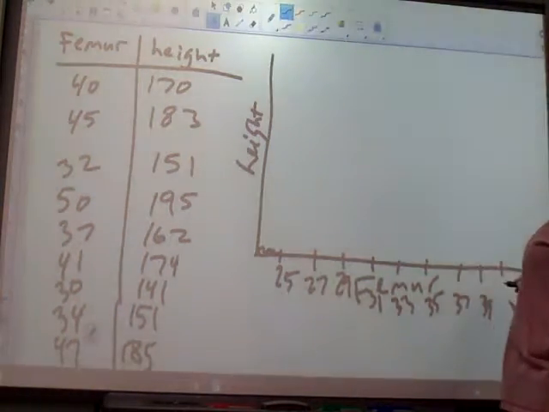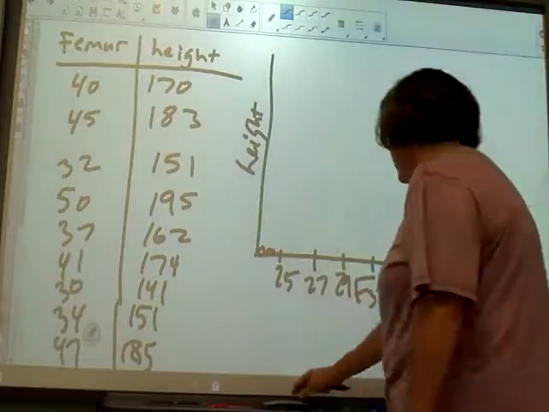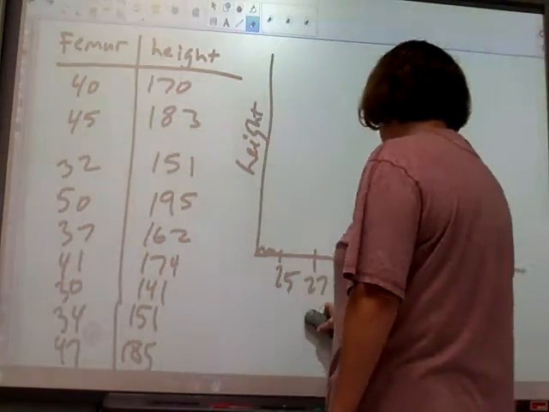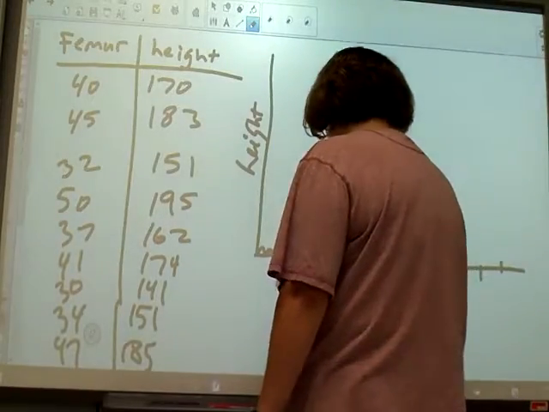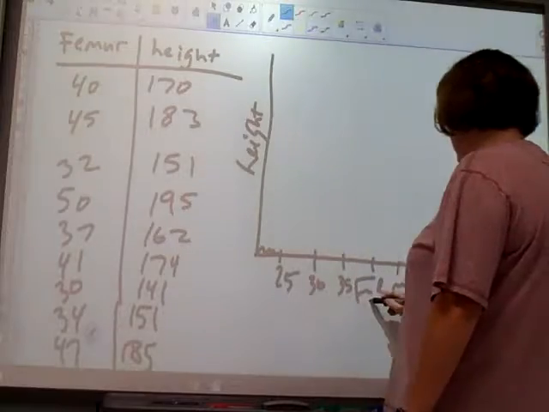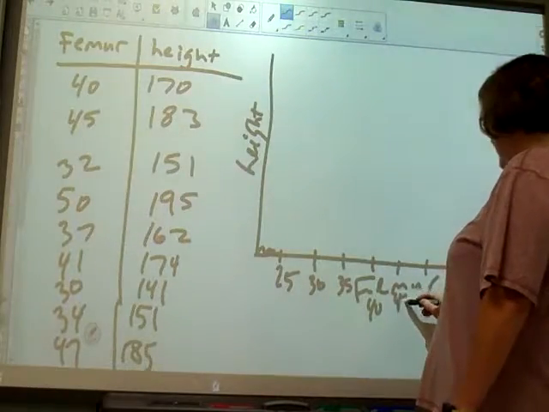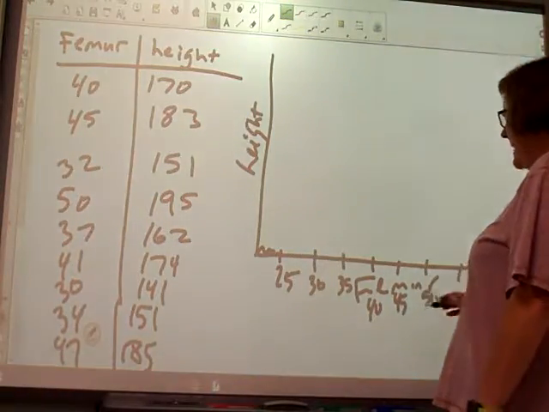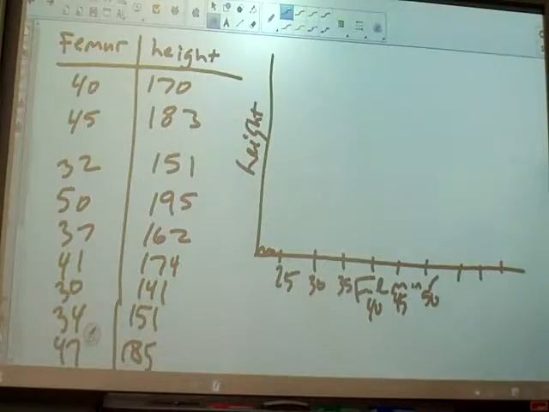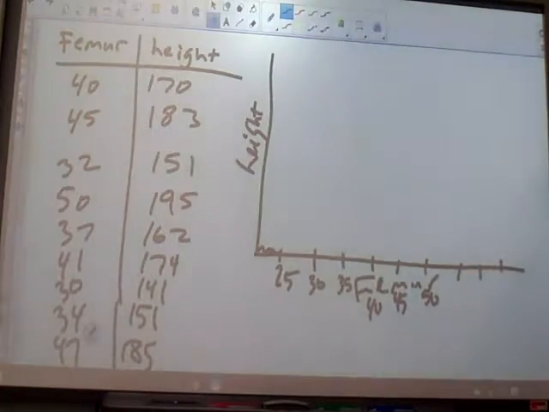Should have gone more, huh? We're going by fives. And when you're doing these types of problems on your own, if they don't tell you what to increment by, as long as you're consistent, you can increment by whatever you want. You can't say that space is 5, and now all of a sudden it's 12. You've got to be consistent.